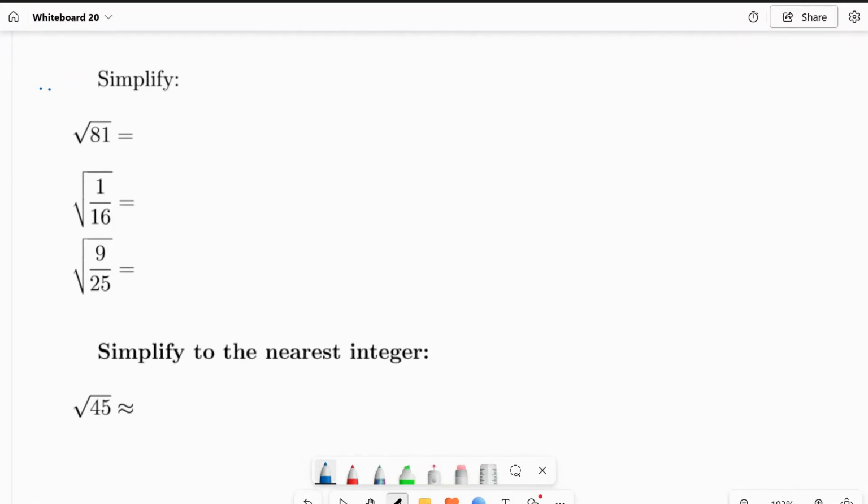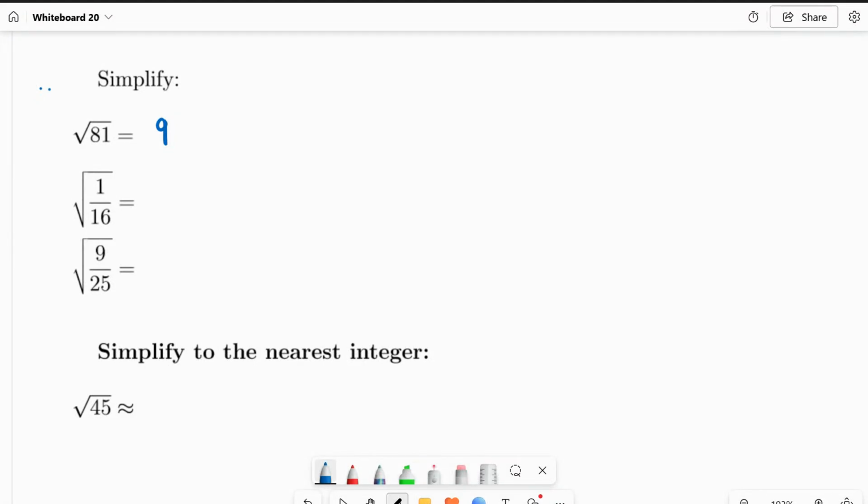So taking a look at radicals, remember radicals undo squaring. So if we were to take the square root of 81, look at your perfect squares list that we just made. A perfect square for 81 would be 9 squared. So the square root of 81 is just 9.